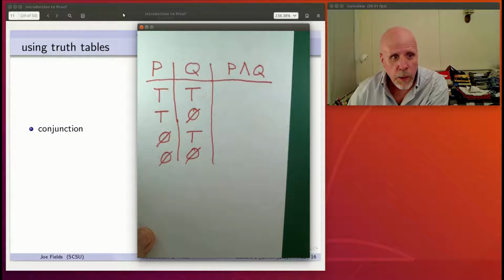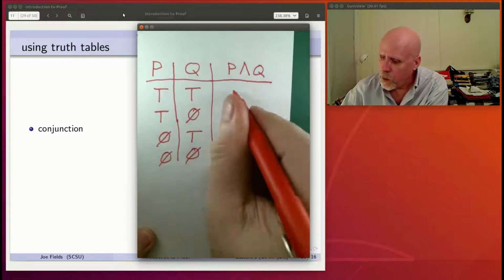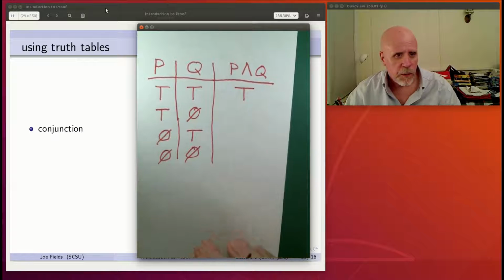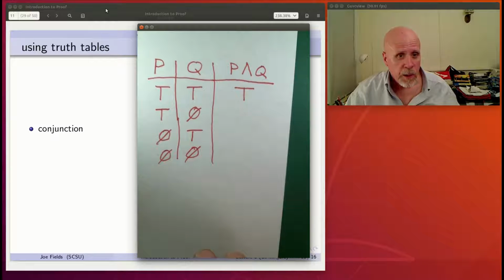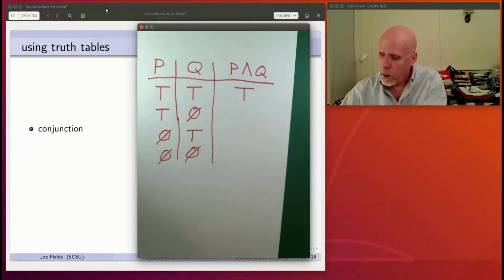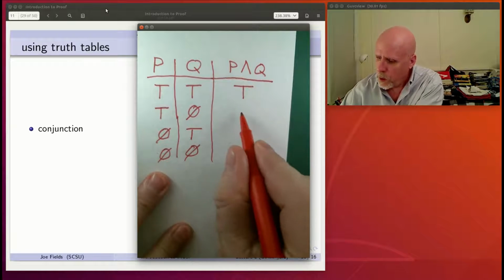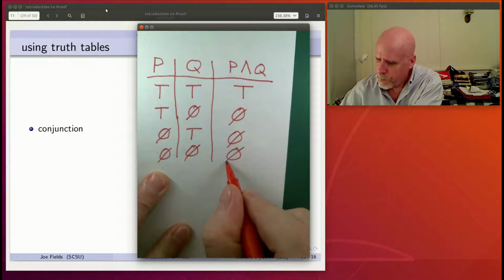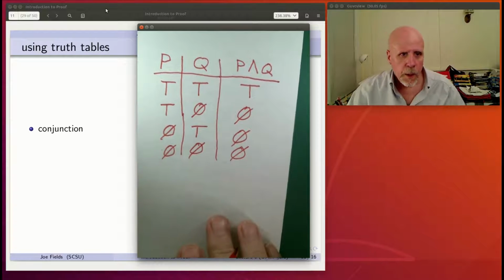So what do you think is the value of P and Q when P and Q are both true? Of course, that's going to be true. And you probably know this. If even one of the statements is false, then the and is going to be false. So we get a single true, and then it's F, F, F. So there you go.